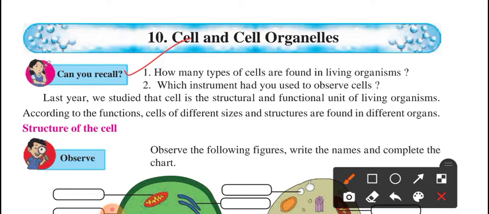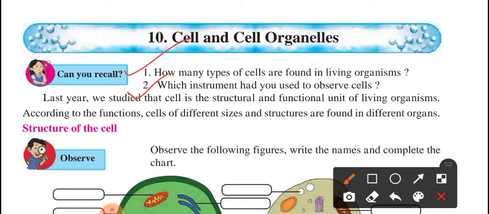Okay. Question number 2. Which instrument had you used to observe cells? Obviously the microscope. Under a microscope only we can observe these cells. With the naked eye you cannot observe. Last year we studied that the cell is a structural and functional unit of living organisms.